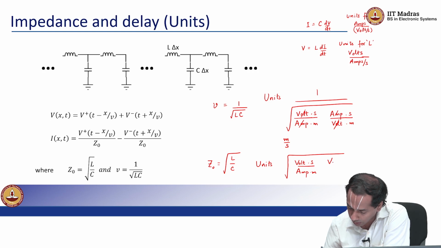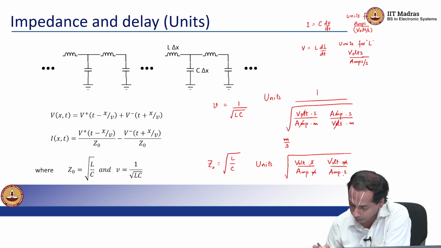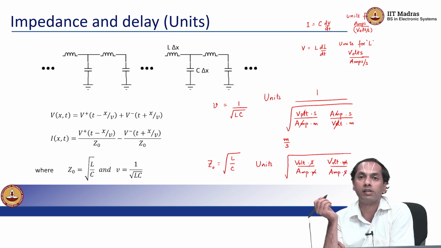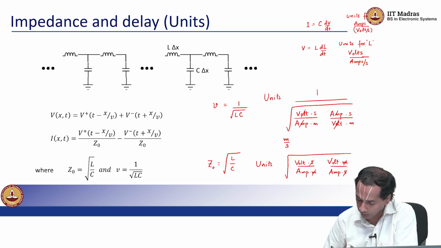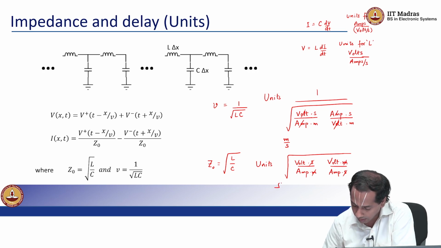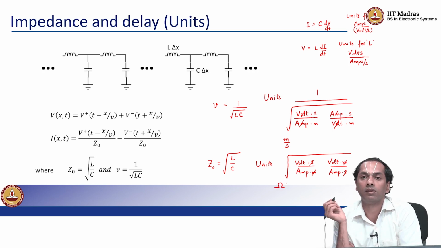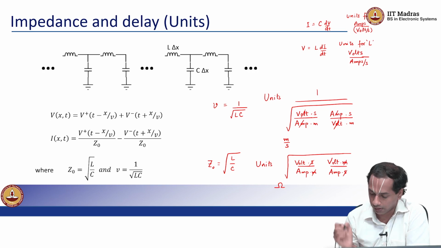So I'll have volt meter per amp second. This time the meters and the seconds cancel off, and voltage divided by current is resistance. So this is actually the units of ohms.